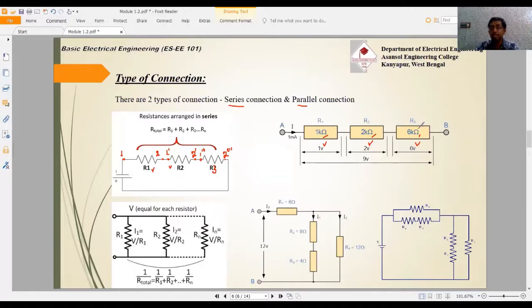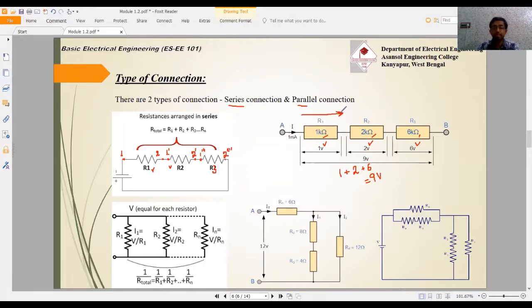So if all these are connected in series, the total voltage will be the simple addition of the voltages that are generated. So the total voltage is 9 volt. Okay, and the same current will pass through this.